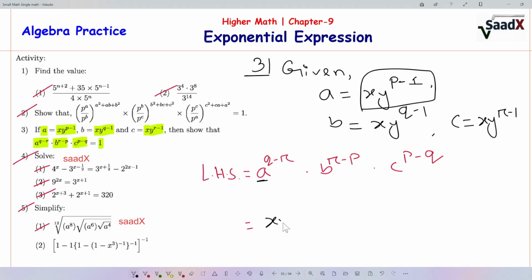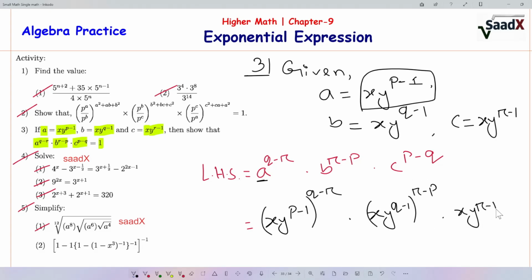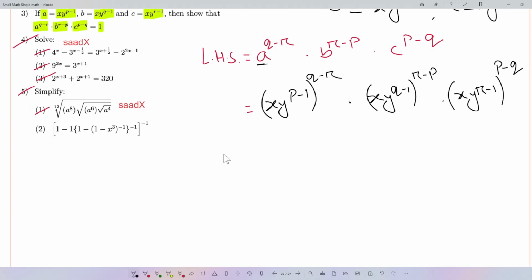So x y p minus 1 and here the power will be q minus r, right? Times, again for b we can write x y q minus 1 to the power r minus p, times c equals x y r minus 1 to the power what? Here it is p minus q. We just replace the values of a, b and c. Now one by one we try to solve this.